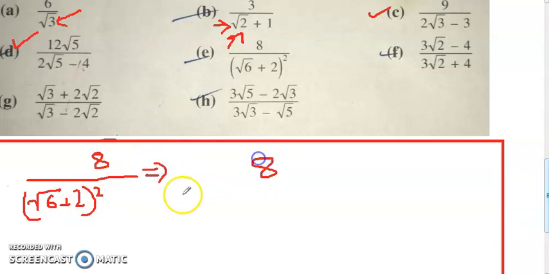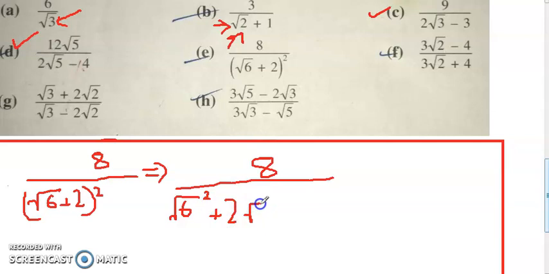So, it should be 8 upon a square. The identity is a square plus 2ab plus b square. So, a is root 6, so a square plus 2 into a, which is root 6, and b is 2, plus b square, which is 2 square, right?